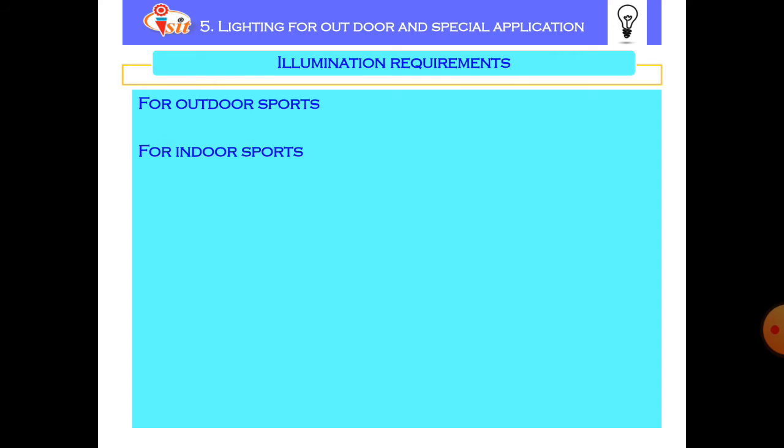To achieve this, the illuminance will need to be higher than strictly dictated by the visual needs of the players. In many sports events where television is provided for a relay, the demands of the camera system may require even higher illuminance than the needs of spectators.